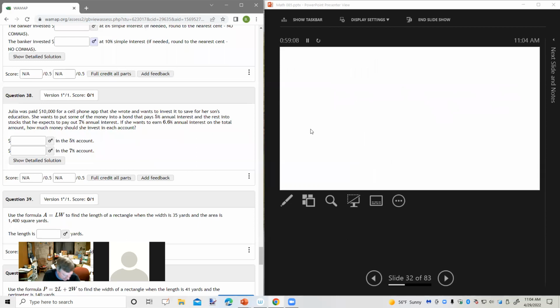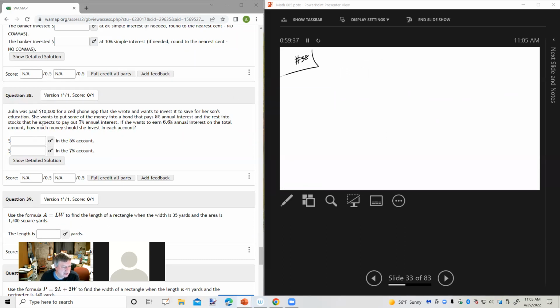So 38. Julie was paid $10,000 for a cell phone app that she wrote and wants to invest it to save for her son's education. She wants to put some money into a bond that pays 5% annual interest and the rest into stocks that he expects to pay out 7%.